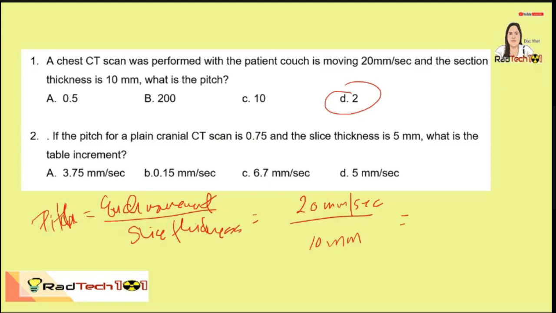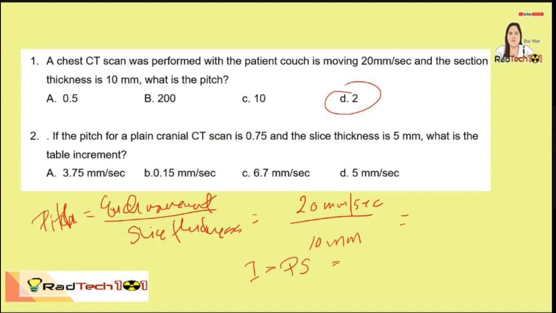So next, if the pitch for a plain cranial CT scan is 0.75 and the slice thickness is 5 millimeters, so what is the table increment? So the formula for table increment is equal to pitch times slice thickness or section thickness.